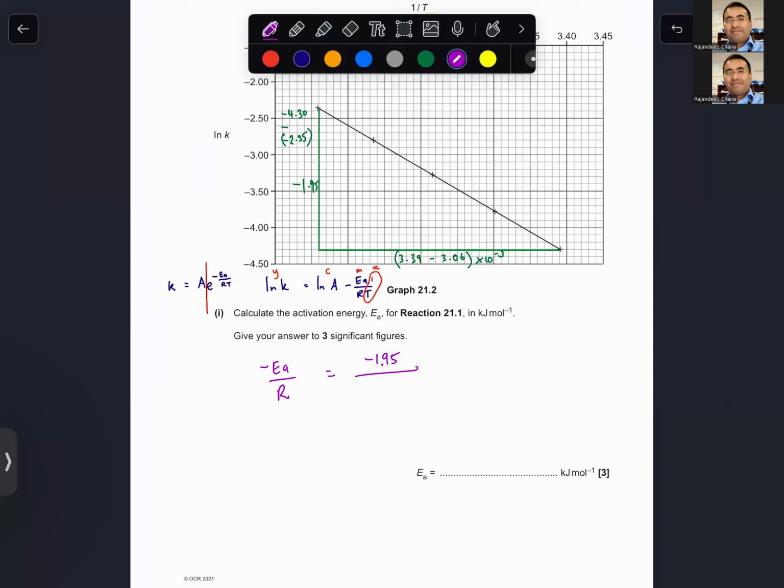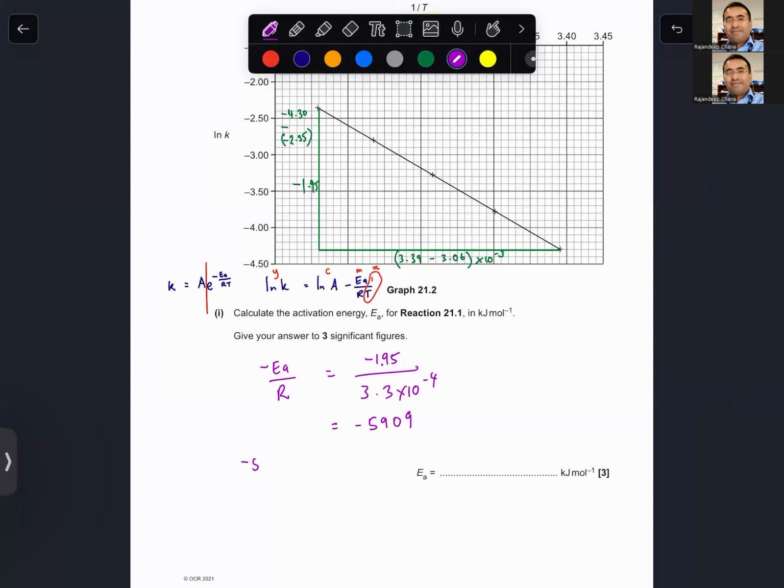That's better. 3.3 times 10 to the minus 4. That gives us minus 5909, and that represents EA over R.